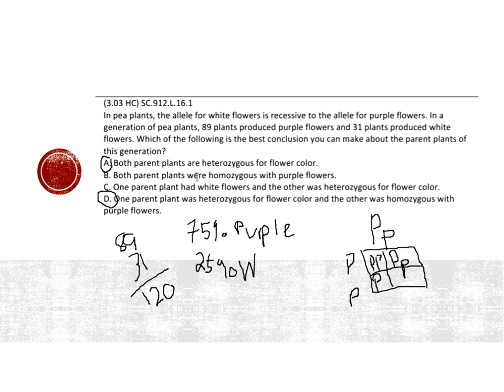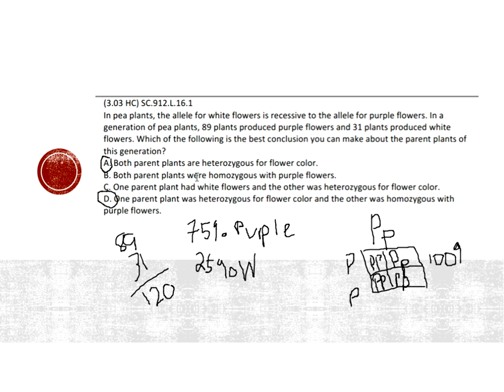We would get a big P and a big P. And we would get a big P and a little p. So this would have a dominant in every single offspring, which means that that would overpower that recessive white. So this would be 100% would have been purple.